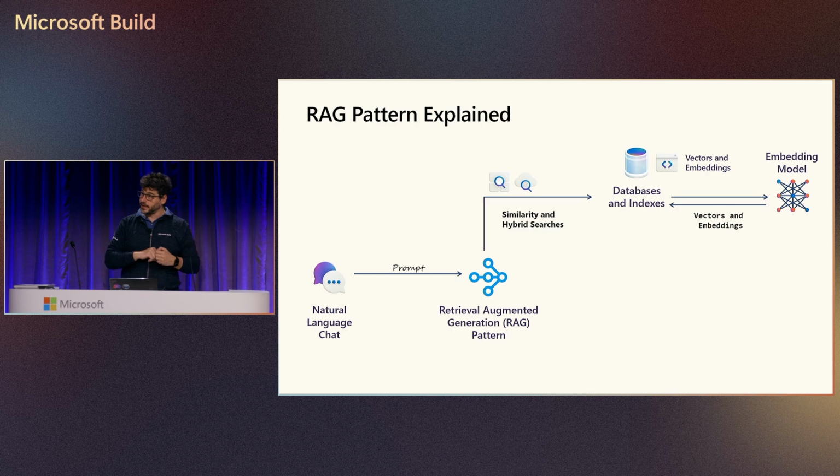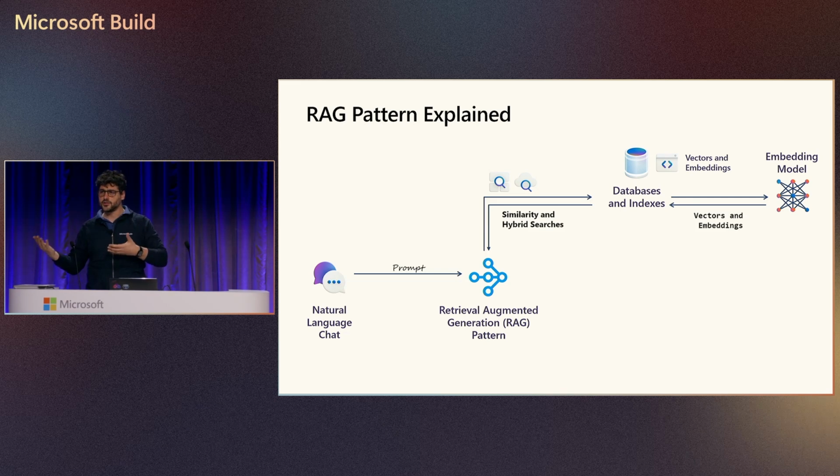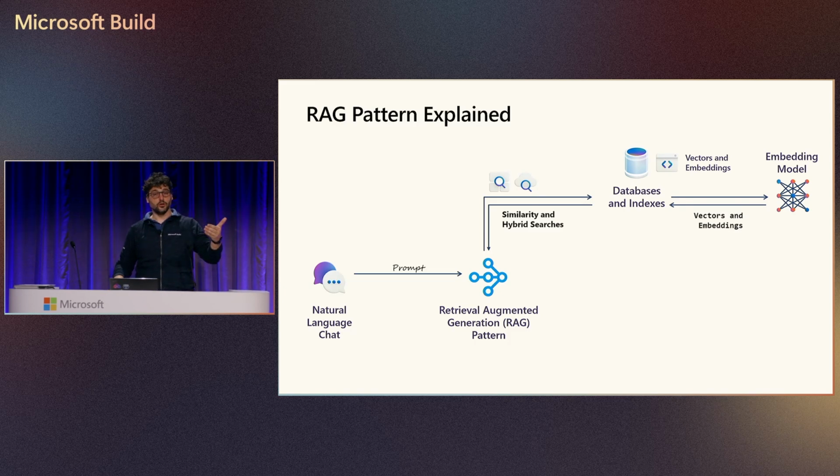Then you bring back the vectors. You can store vectors in Azure SQL and SQL Server 2025. And then you do the semantic search, or even better, a hybrid search, mixing and matching semantic vector search and full text search. Then you send everything back to your application to complete the RAG pattern.